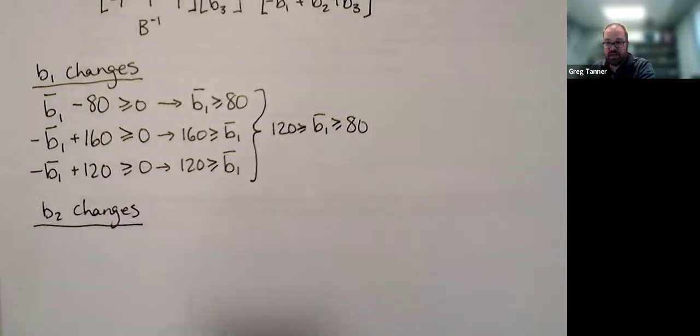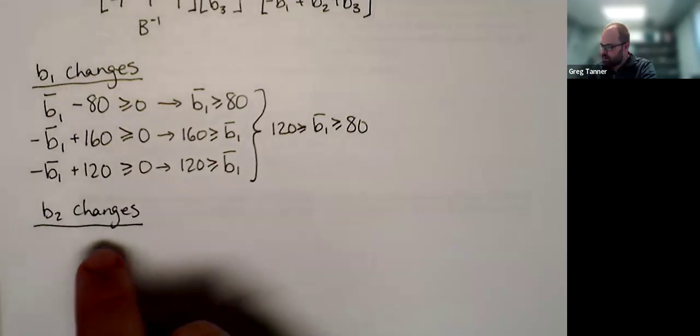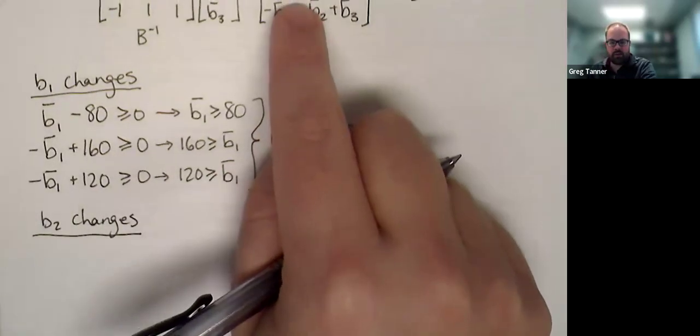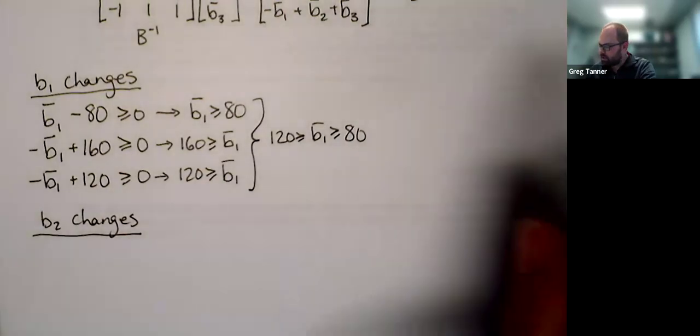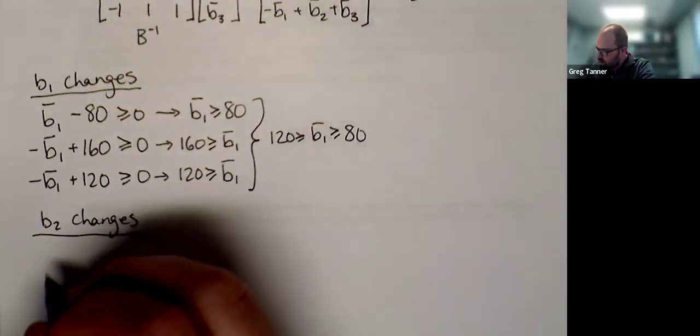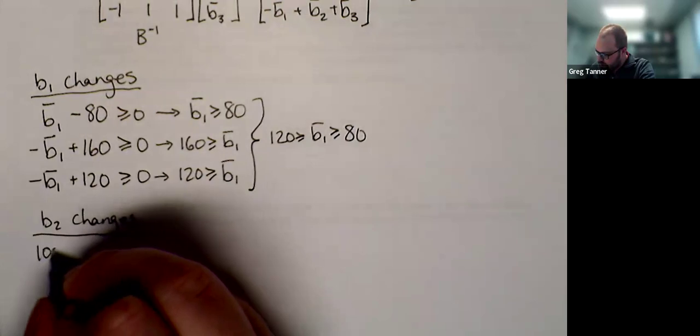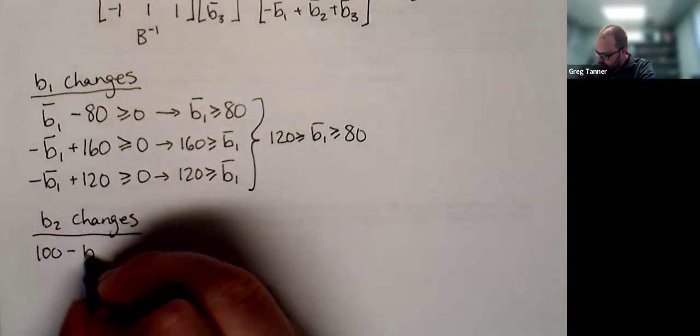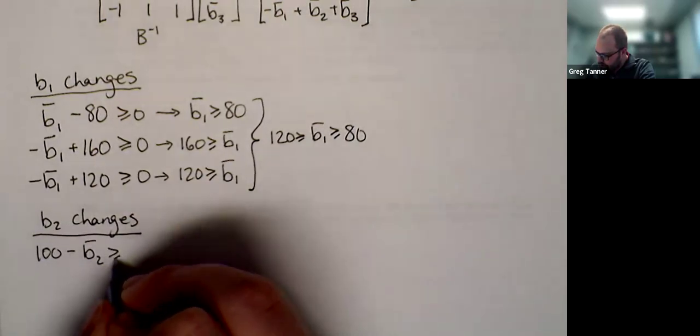So now we're going to let B2 be our unknown that we can slide around. But B1 and B3 are going to be locked in at their original values. So the first one will look like 100 minus B2 is greater than or equal to 0.